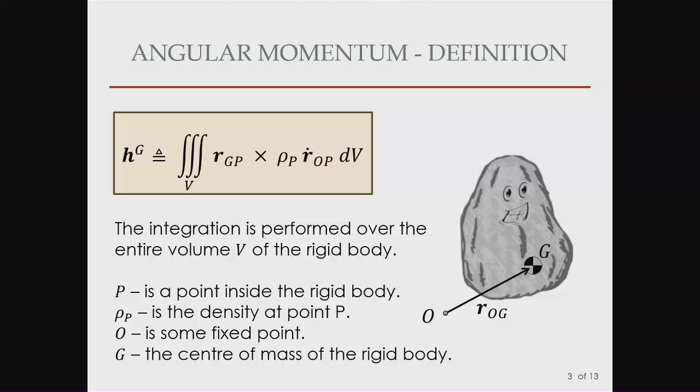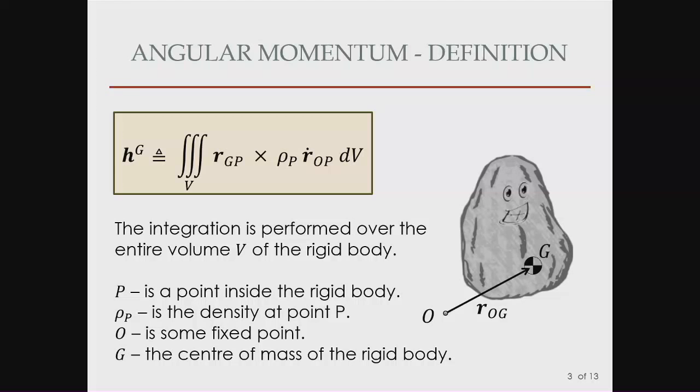So what are we doing here? We are calculating about the center of mass. So instead of point A, we have point G. And instead of one particle, we have a bunch of scattered particles P. For each such particle, we will do this.